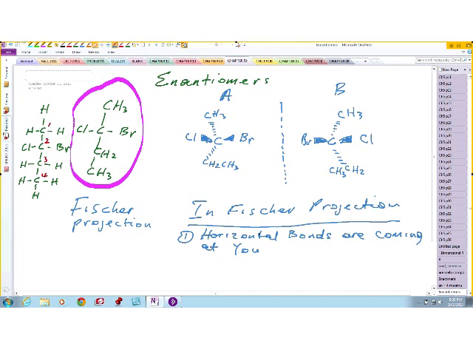It's almost as though I've flattened this out, and then I've flattened this out. Okay, but in your mind, that two-dimensional representation, which we call Fischer projection, is actually a representation of a three-dimensional structure. So the vertical bonds are going away from you.